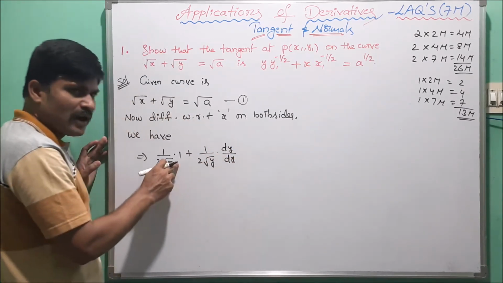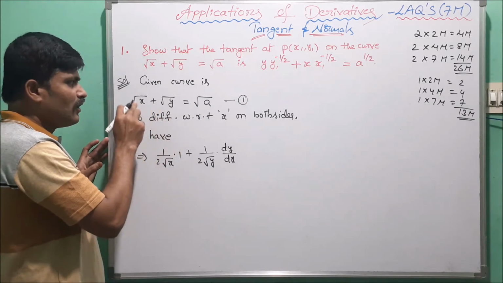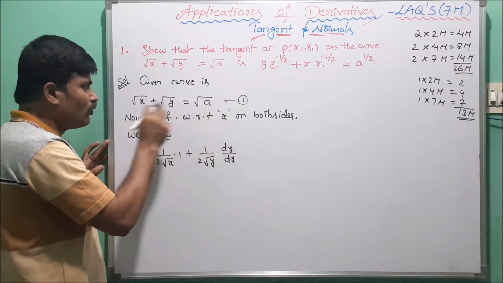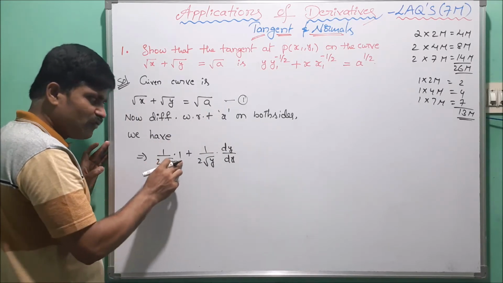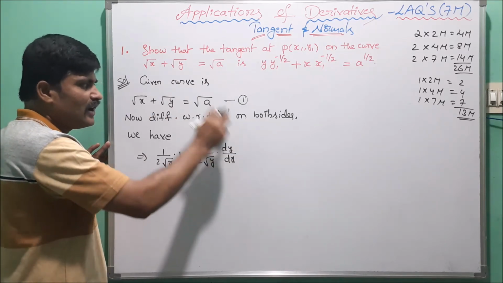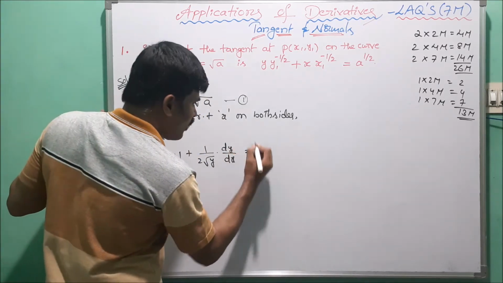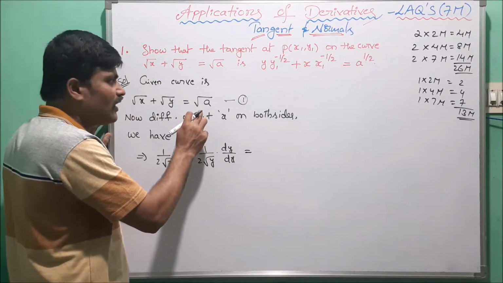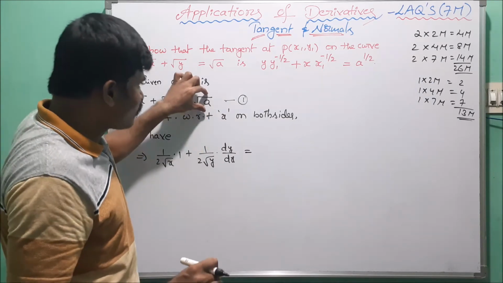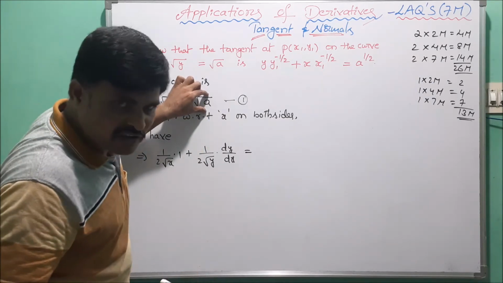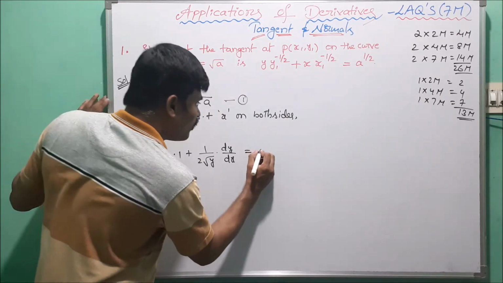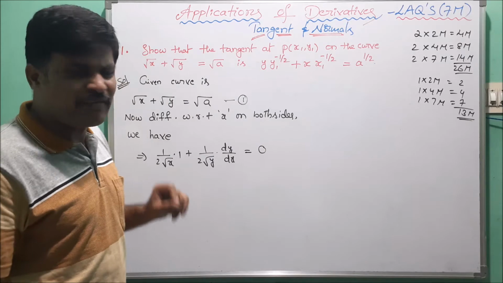Now in the first term we observe this is x, so we differentiate with the same variable x, that is 1, plus here differentiating y with respect to x is denoted as dy by dx. Now on the right side, root a is a constant. The derivative of any constant is 0.